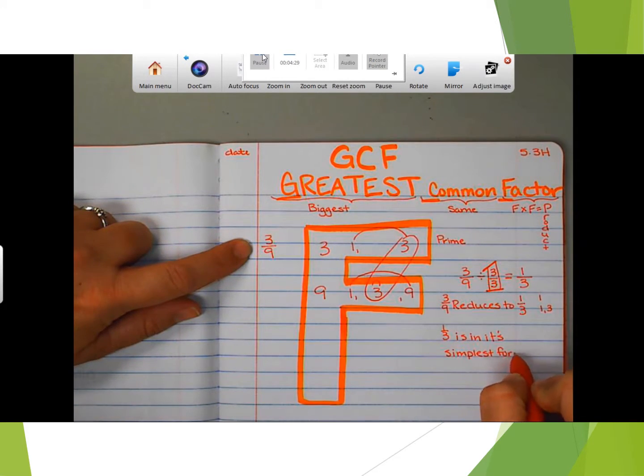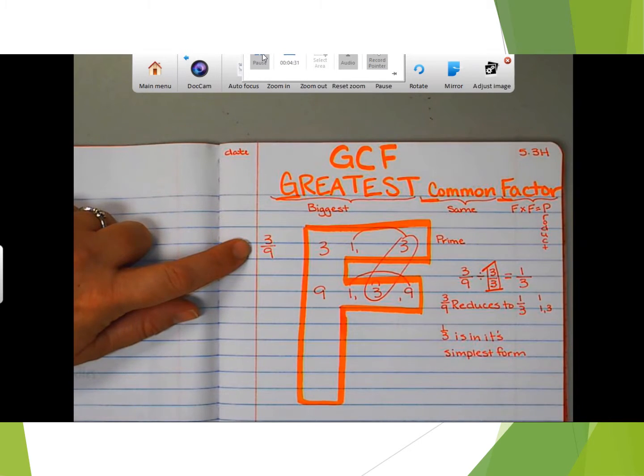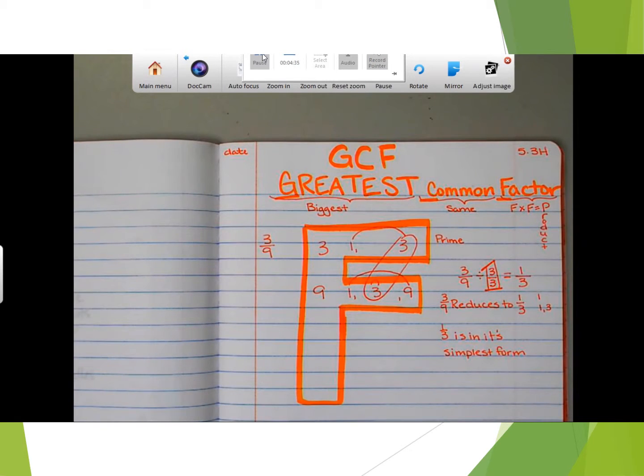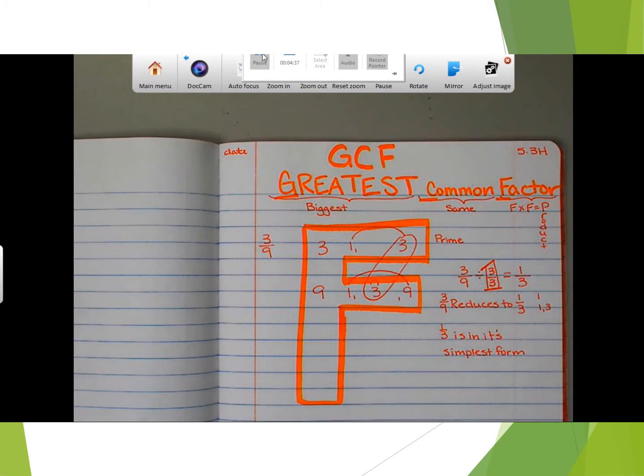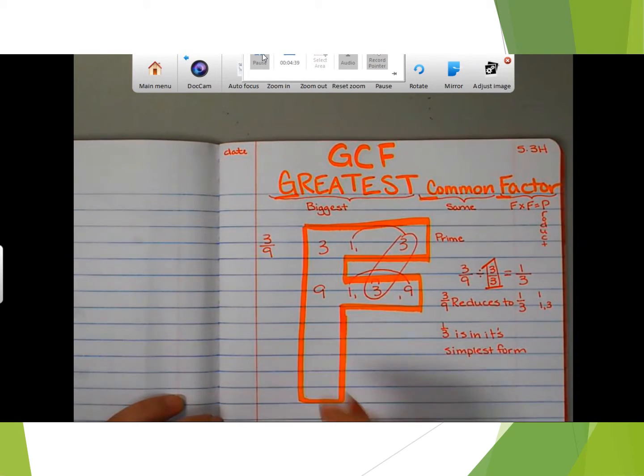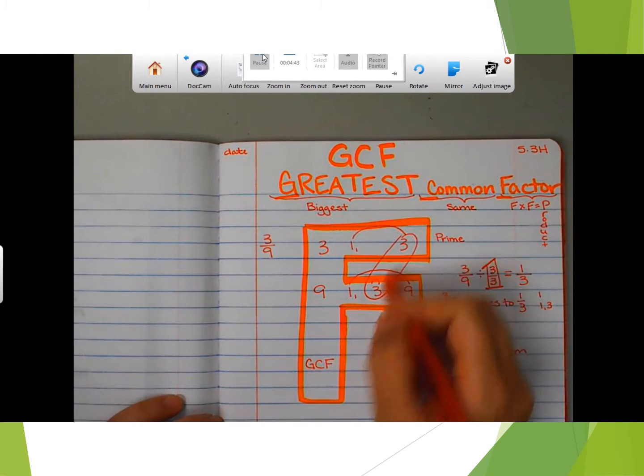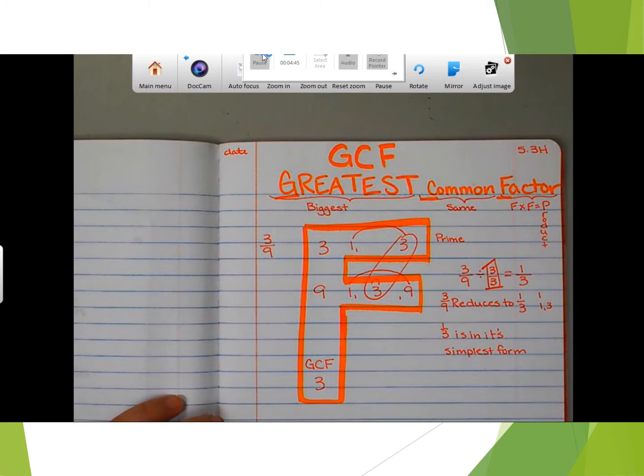We cannot make 1/3 any smaller. Oh, and so down here on this bottom one, we're going to write GCF, and its greatest common factor was 3. Forgot that step, sorry.